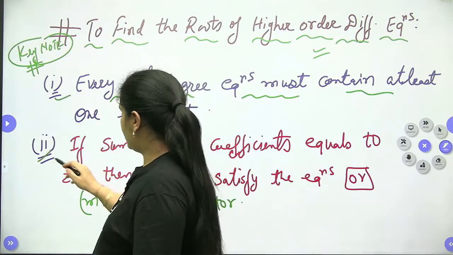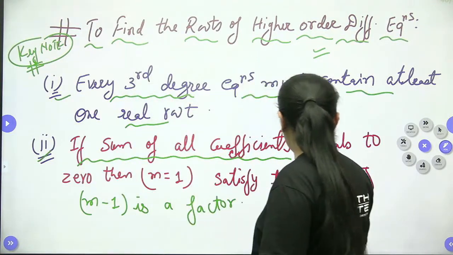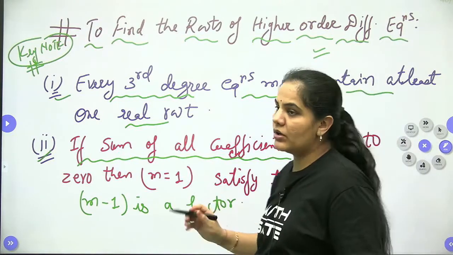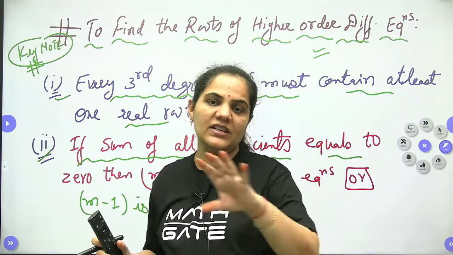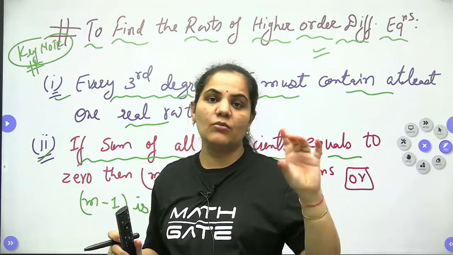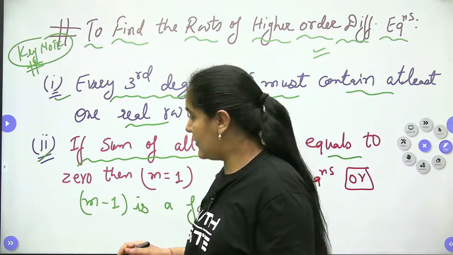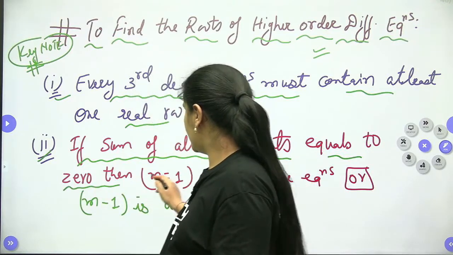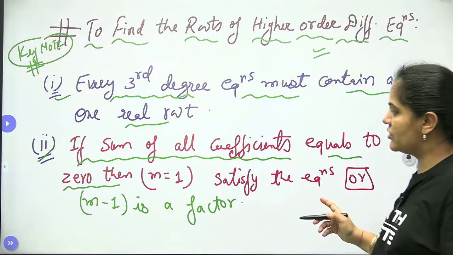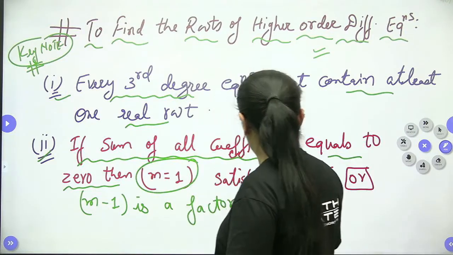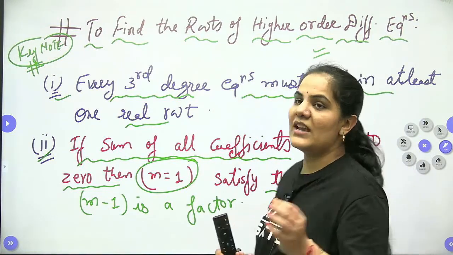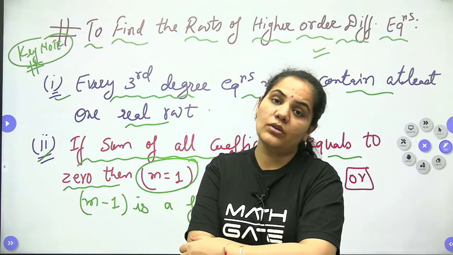Now the second part is, what if the sum of all the coefficients equals 0? Whenever we have a differential equation, we will check the sum of each and every coefficient. If the sum of all the coefficients equals 0, then we say m equals 1 satisfies the equation, or m minus 1 is a root of that equation.